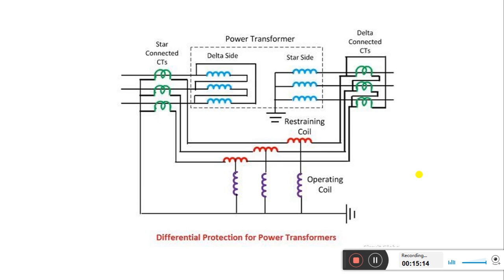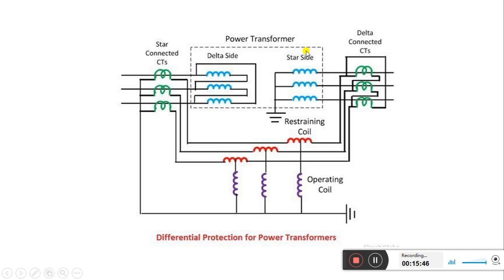But what we see is that in the normal case both CTs remain balanced, but sometimes, because of a manufacturing defect, the current ratios of both sides' CTs may not be equal. So once there is a difference of turns ratio in the two CTs, a difference of current may exist between both sides of the CTs, and this difference of current may flow in the operating coil.